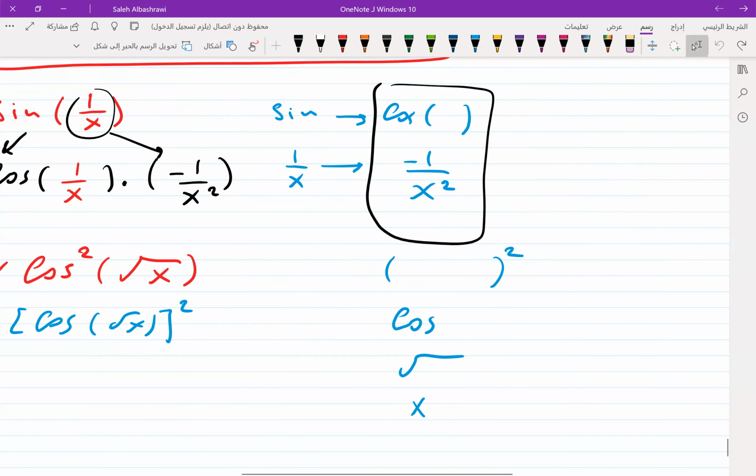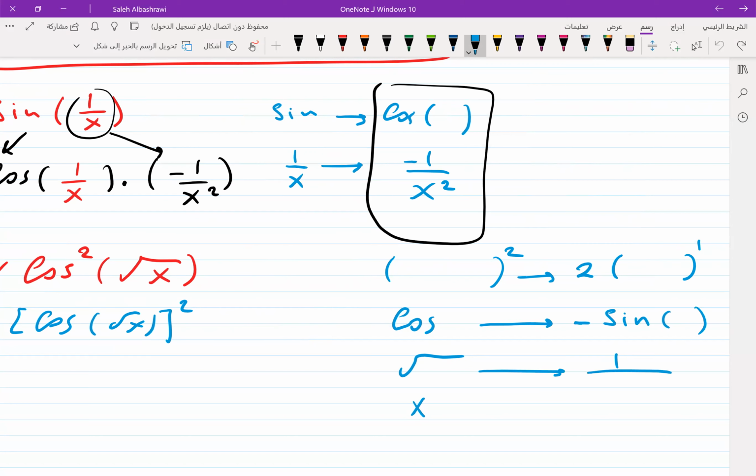Now the derivative of the bracket squared is 2 times bracket to the power 1. The derivative of cosine is minus sine. The derivative of the square root is 1 over 2 square root.